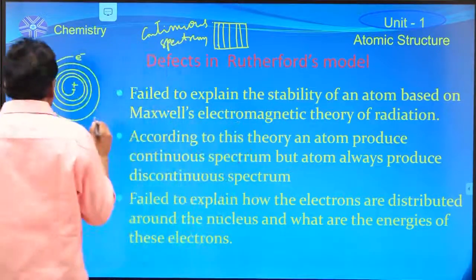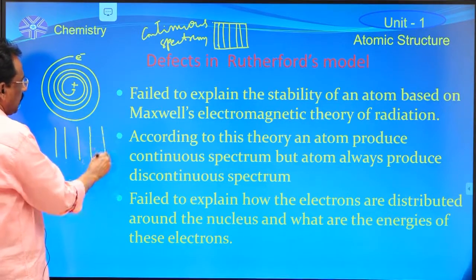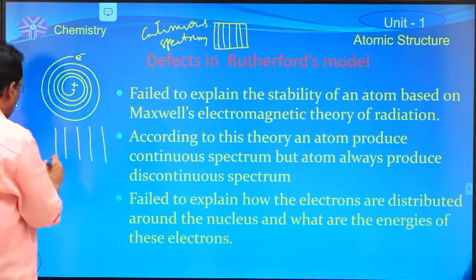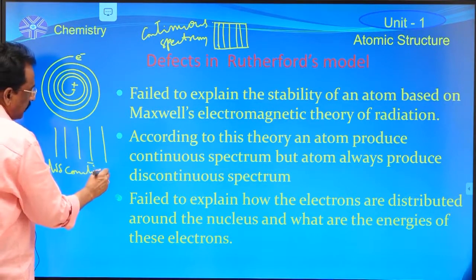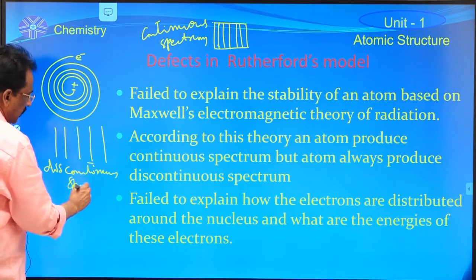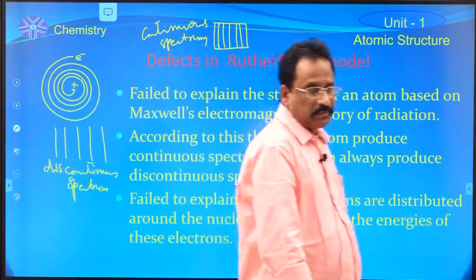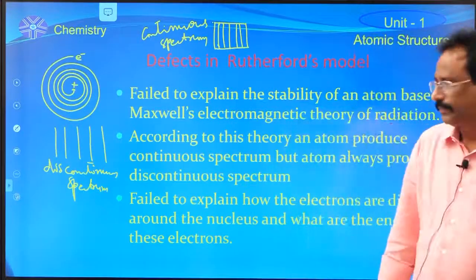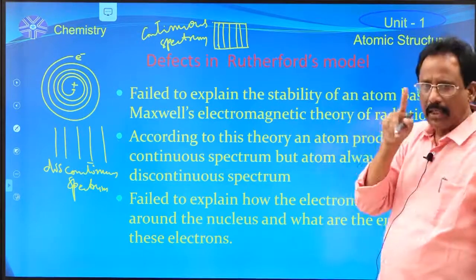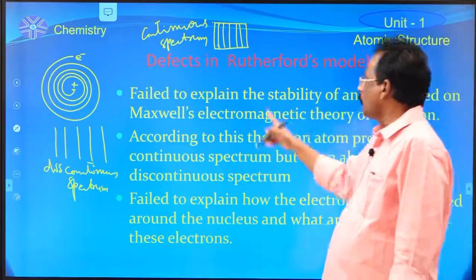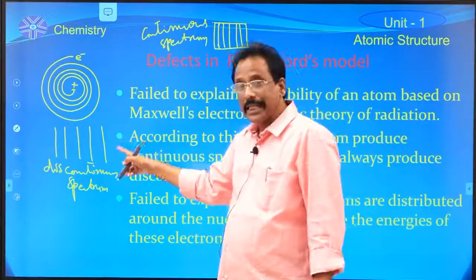Discontinuous spectra means distinct lines are formed from the atom, compulsorily. This is the representation of the discontinuous spectrum. So once again I will repeat the second major fault of this atomic model. The second major fault is, if the electron loses its energy continuously, the atom would produce continuous spectra, but atoms always produce discontinuous spectra.